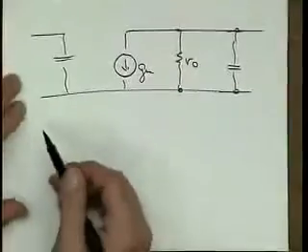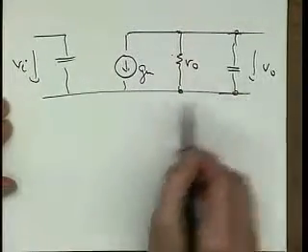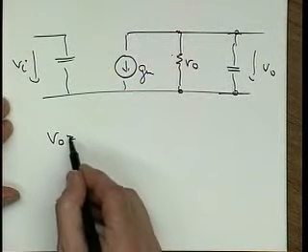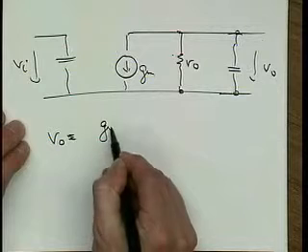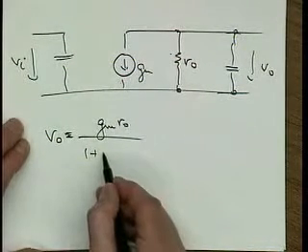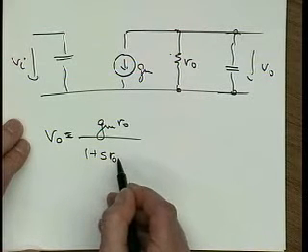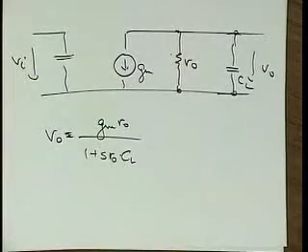Vi and Vout, and consequently Vout is going to be, it then sort of internally writes a numerical expression for Vout: gm ro over 1 plus s ro times CL, right? Something like that. I think that's the equation that it figures out.